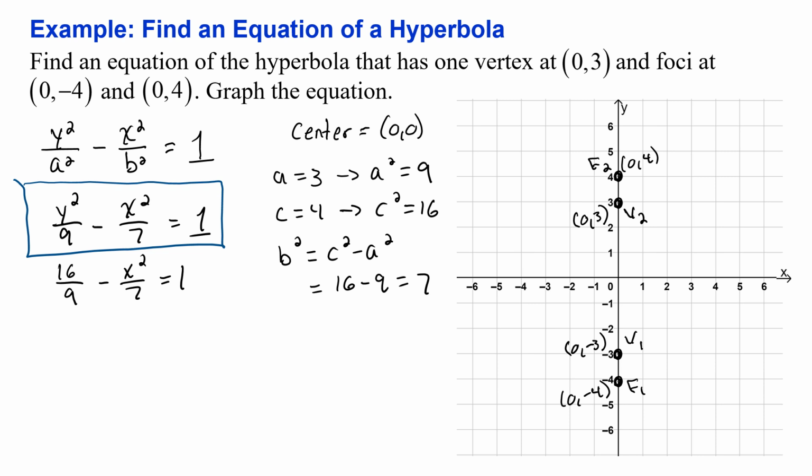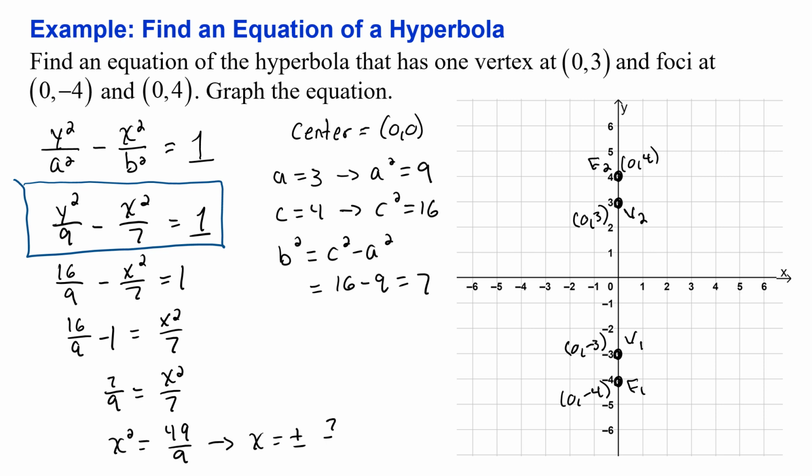Now adding x squared divided by 7 to both sides of the equation and then subtracting 1 from both sides of the equation, we can write 16 divided by 9 minus 1 equals x squared divided by 7. This simplifies to 7 divided by 9 equals x squared divided by 7, or x squared equals 49 divided by 9, which gives us x equals plus or minus 7/3.